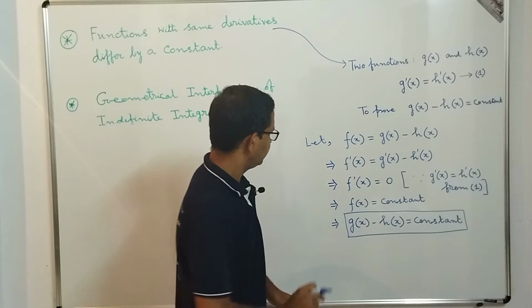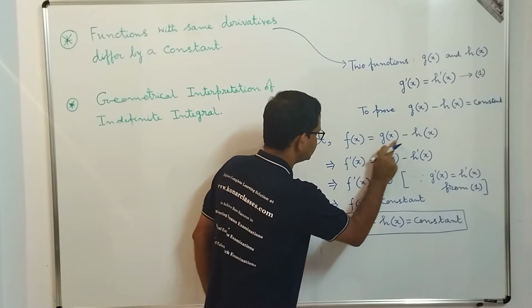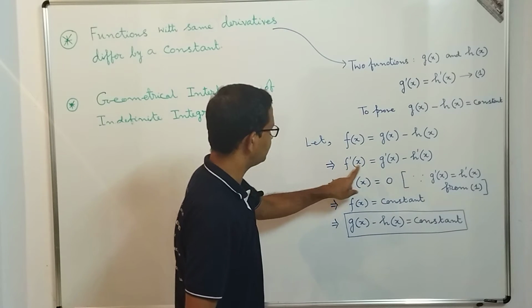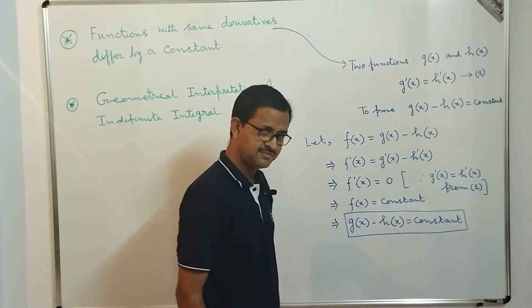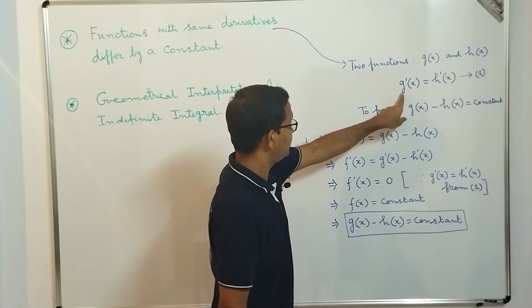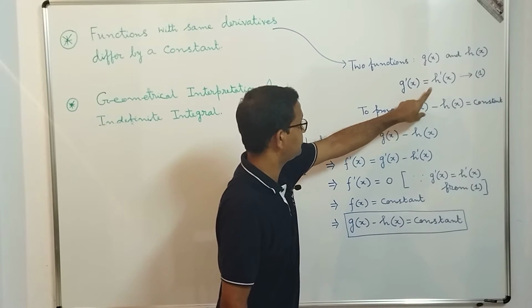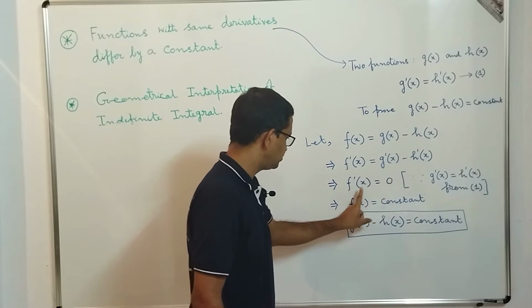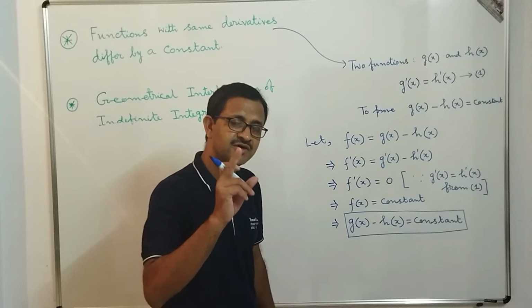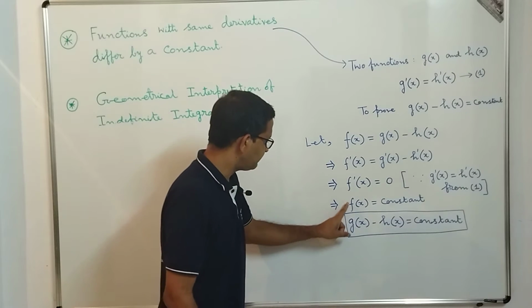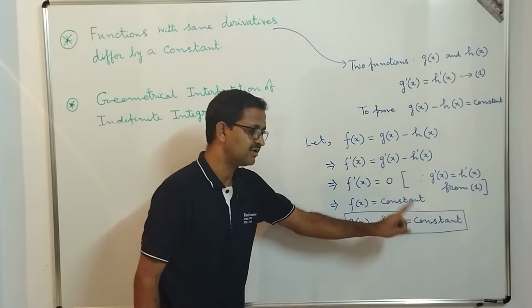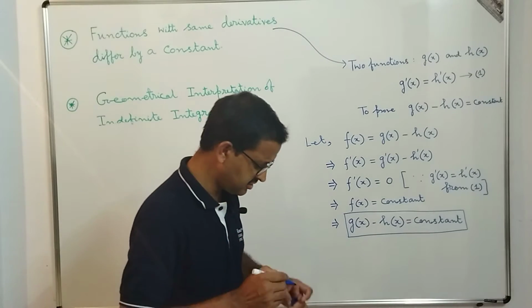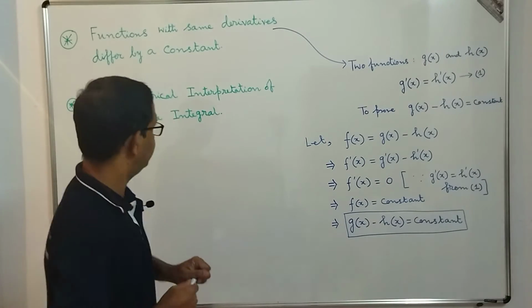Then we differentiated both sides, so we get f'(x) equal to g'(x) minus h'(x). According to the given condition, g'(x) equals h'(x), so g'(x) minus h'(x) equals 0. So f'(x) equals 0, that means f(x) must be a constant. What is f(x)? g(x) minus h(x), so that is a constant. Hence we are able to prove the first part.